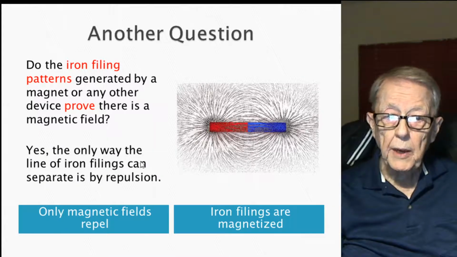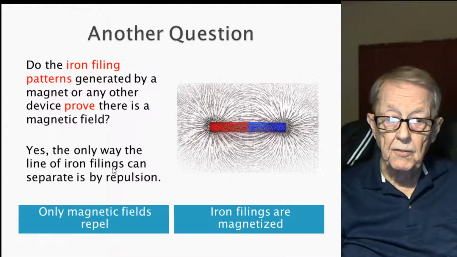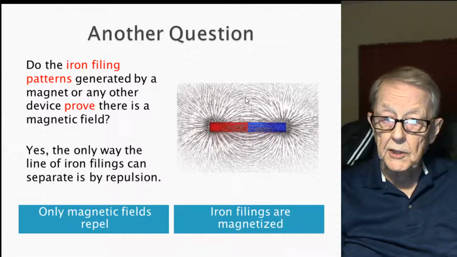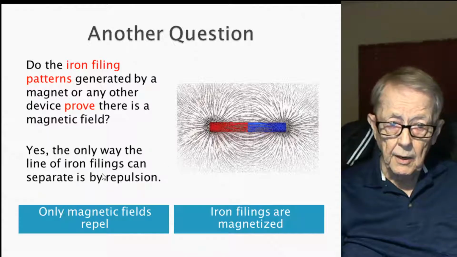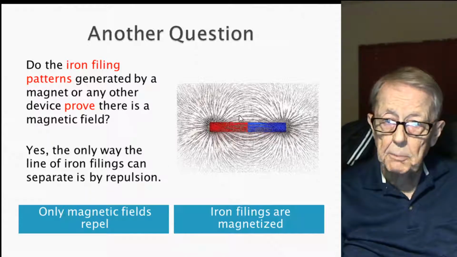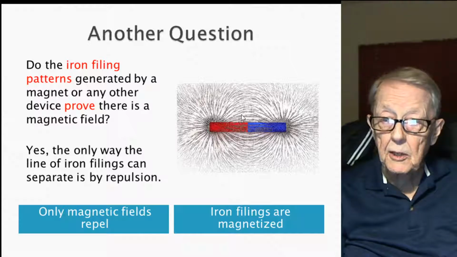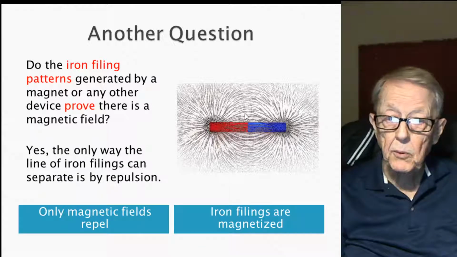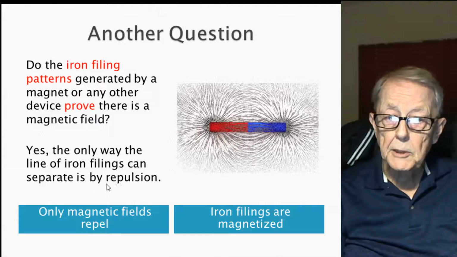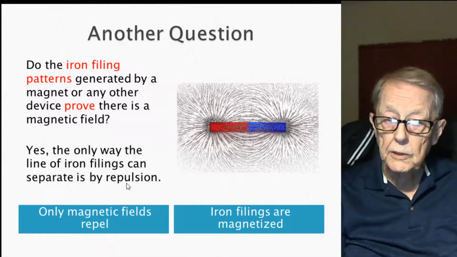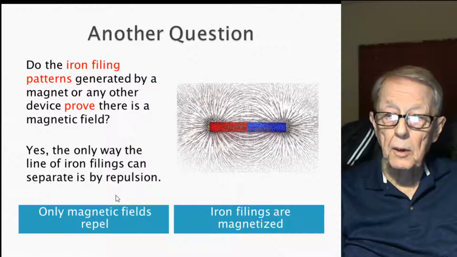The only way the line of iron filings, and you see lines here, the black lines are the iron filings, and they separate. The reason you can see the lines is because the lines have a gap in between. If there's a gap there, it is because of repulsion in the particle model.